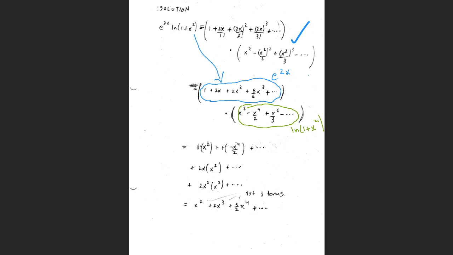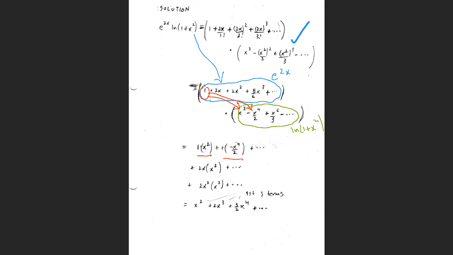Now to multiply the series, how am I going to do this? Well, I only care about terms of lower order. So I'm going to take the 1 and I'm going to distribute the 1 to the x squared. That gets me 1 times x squared. And then I'm going to take the 1 and distribute it to the term negative x to the 4th over 2. That'll get me 1 times negative x to the 4th over 2.